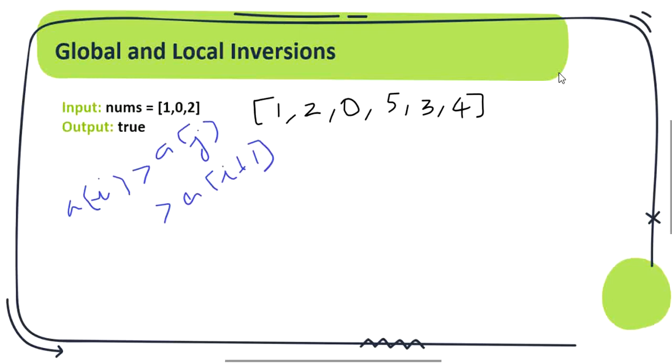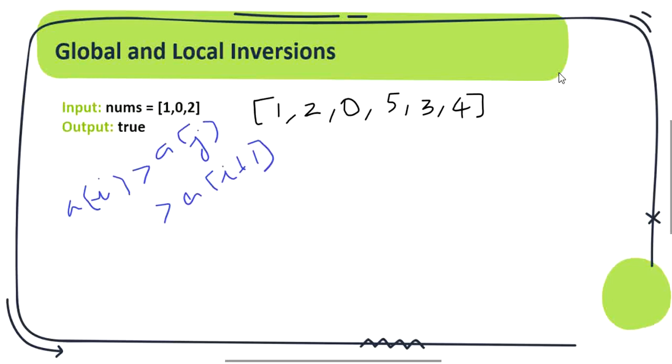So whatever local inversion we find will also be a global inversion, but not all global inversions are local inversions. So what we have to prove is that we find a global inversion that is not a local inversion. In that case, the global inversions are not equal to local inversions, so we return false. If not, we return true.